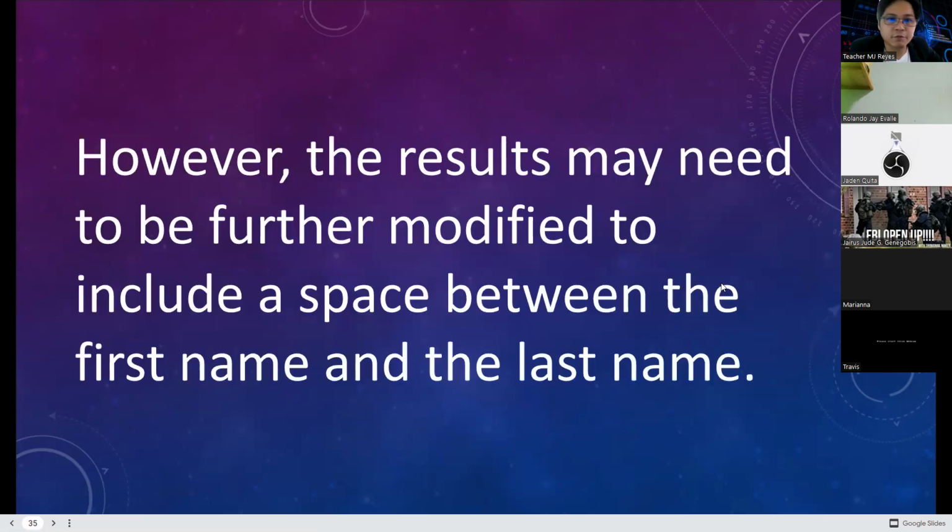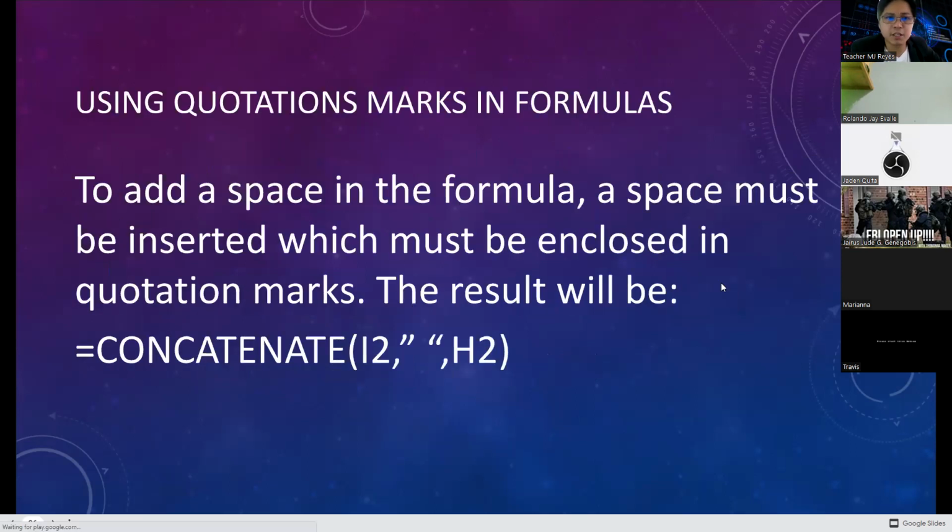However, the result may need to be further modified, or we need to include a space between the first name and the last name. So how can we do this? To add a space in the formula, a space must be inserted which must be enclosed in quotation marks, and the formula will be I2, comma, quotation mark, space, quotation mark, comma, H2.